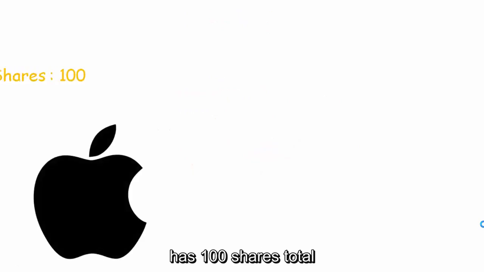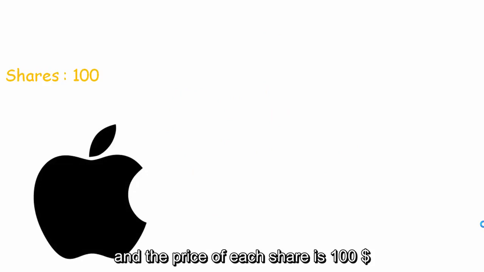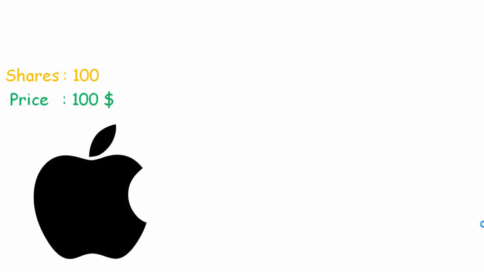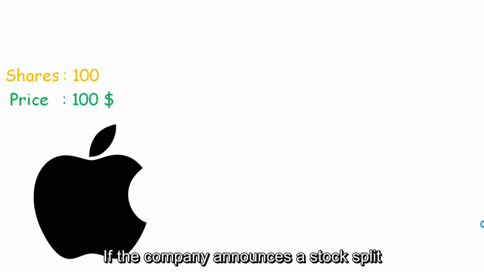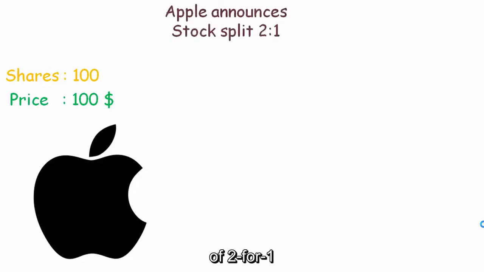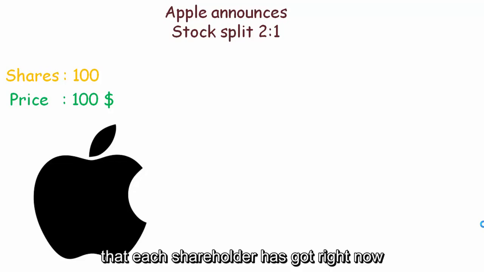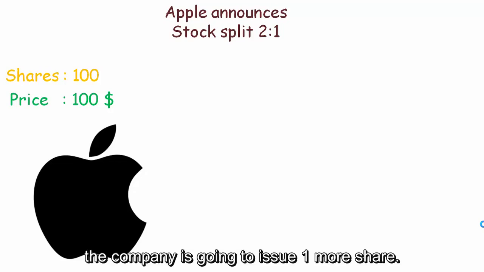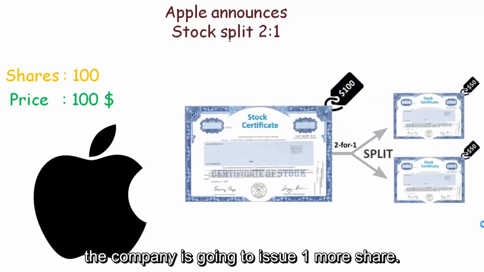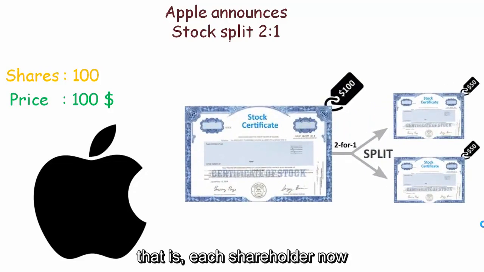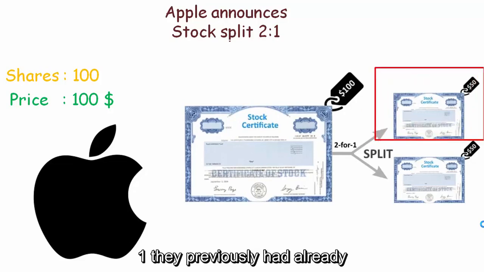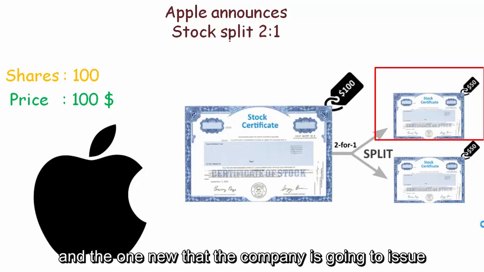For example, if Apple has 100 shares total and the price of each share is $100, and the company announces a stock split of 2 for 1, that means for every one share that each shareholder has right now, the company is going to issue one more share. Each shareholder will now have two shares, one they already had and one new one that the company is going to issue.